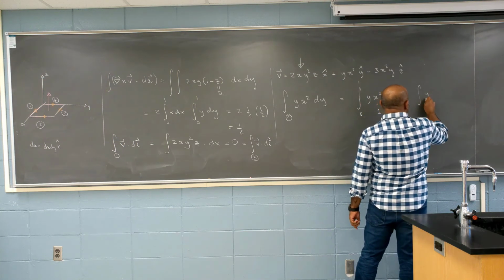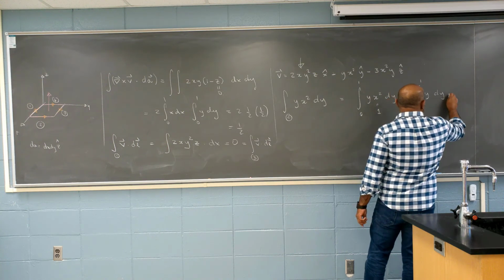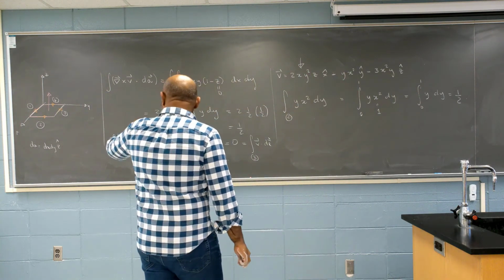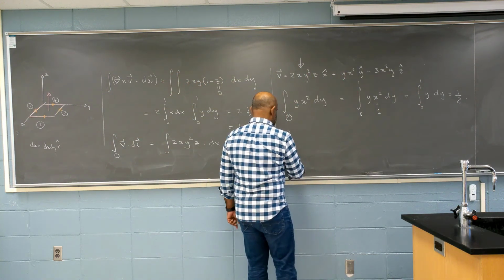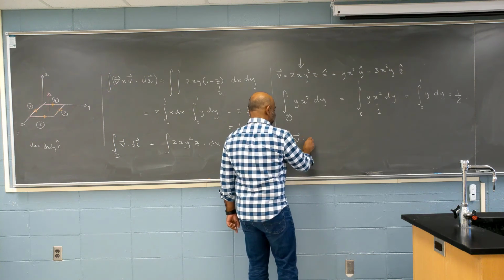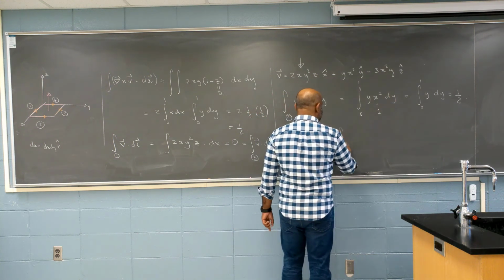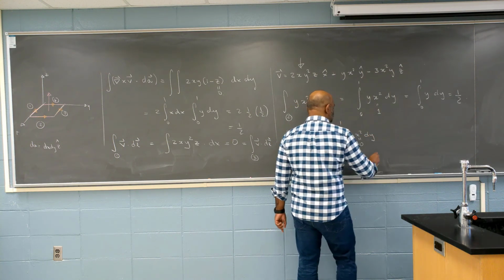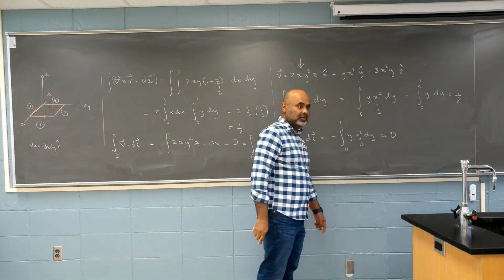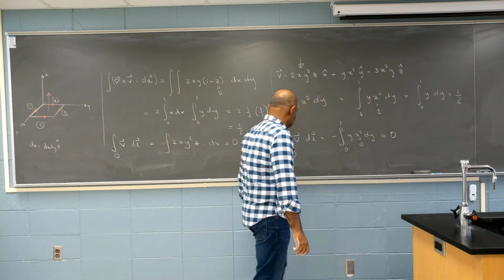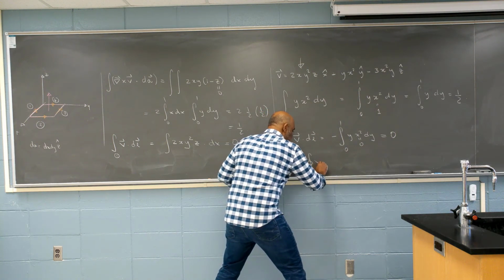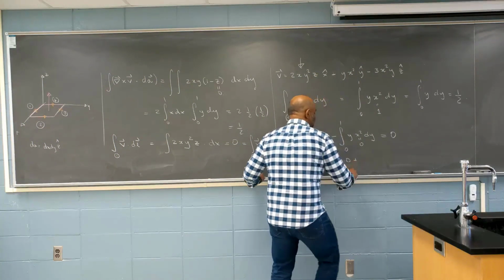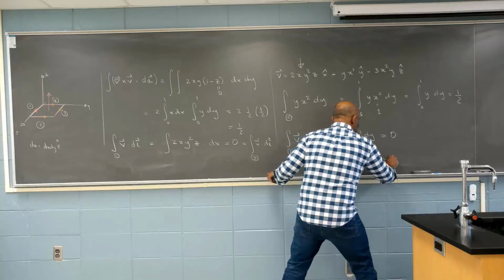So that's integral y dy 0 to 1, which is 1/2. Now let's do path 4. What's the only difference? Yeah. Minus y x squared dy, 0 to 1, which is 0. Therefore, closed. Zero plus 1/2 plus 0 plus 0.